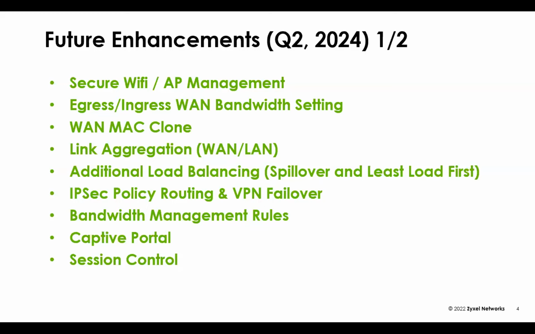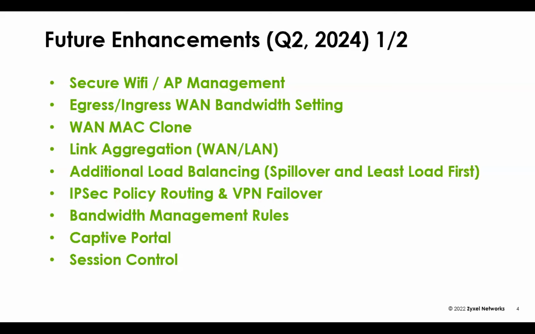And then also least load first, which was the default load balancing algorithm setting on our firewalls, which basically looks at both WAN ports and then decides which WAN port is under the least amount of load before sending traffic across. So those two algorithms will be supported next year. In terms of IPsec, we do support IPsec.